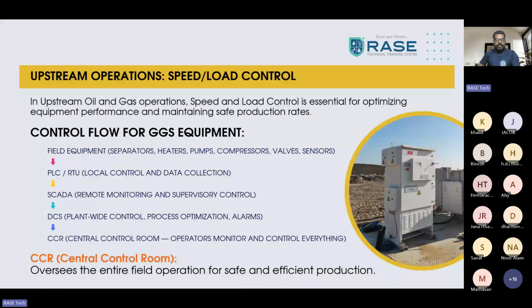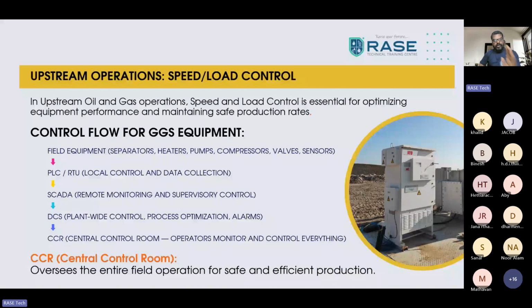The DCS is plant-wide control, process optimization, alarms, everything controlled by the DCS based on SCADA information. And the SCADA depends on receiving the data from the PLC and RTU. The PLC and RTU collect the real-time data from the equipment sensors, valves and whatever devices are installed there.